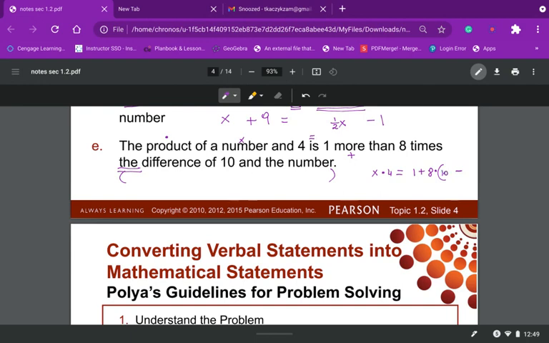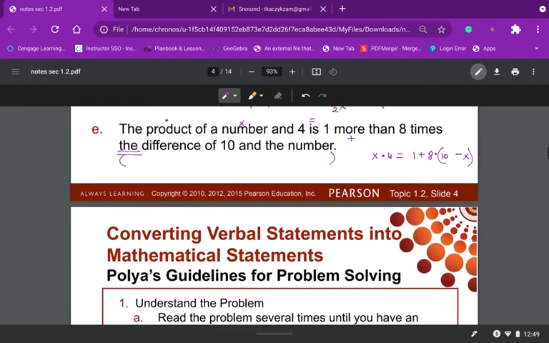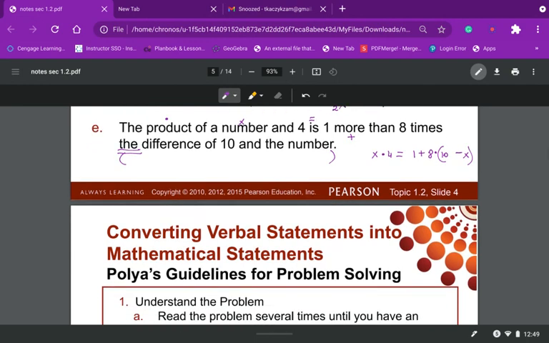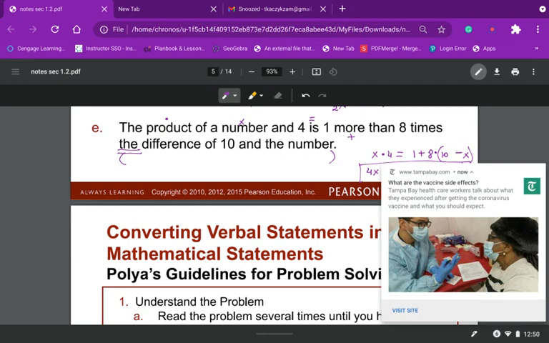So 10 minus x. So this is exactly how you're supposed to read it. I'm just going to modify that a little bit. x times 4 is just 4x equals 1 plus 8 times 10 minus x. So that will be the solution of this problem. Okay.